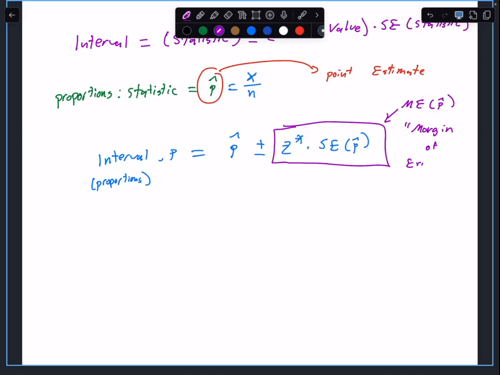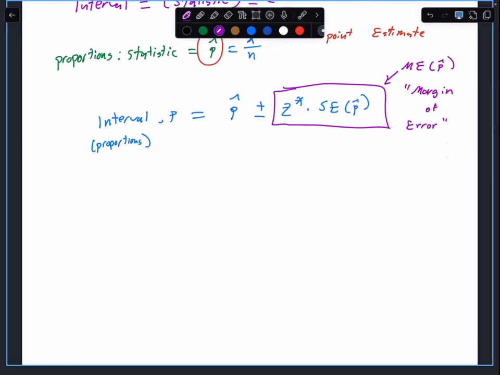Basically the margin of error is how far away from our point estimate, below and above, we believe will capture the interval with that level of confidence. So the standard error is one value. When you multiply it by the critical value, z star, this is what is called the margin of error. So when one of the problems today asks you to find the margin of error, you're like, well, how do I find the margin of error? Well, I already asked you how to find the standard error.